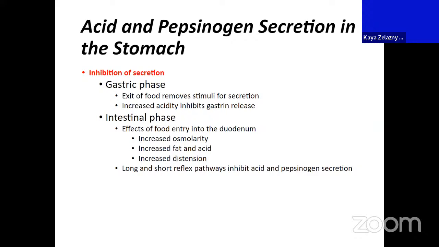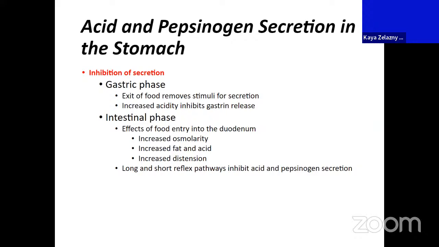So all of this is going to basically tell your stomach to stop making those things we use for digestion. And that increase in acidity is in particular going to tell us to stop making gastrin. So gastrin being that hormone coming from the G cells in the gastric pits. Right? So gastrin is our hormone telling us, yes, make more of the pepsinogen and the acid.